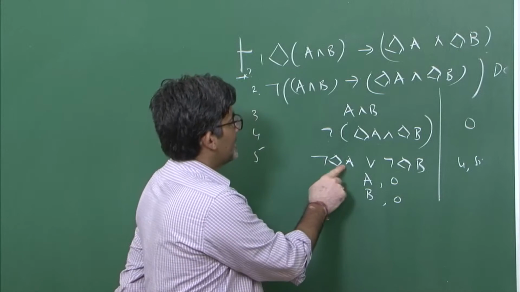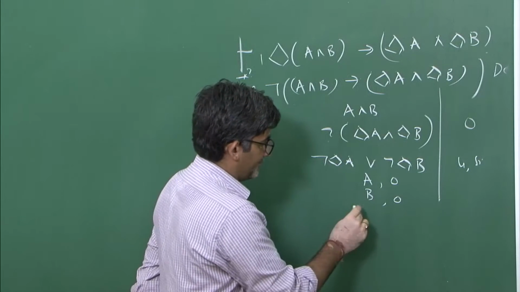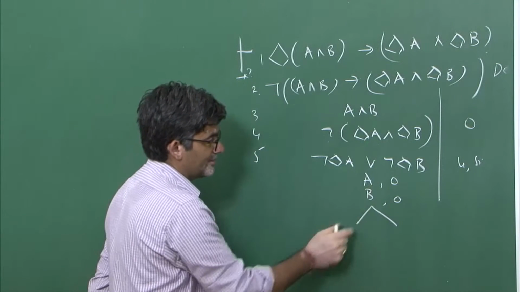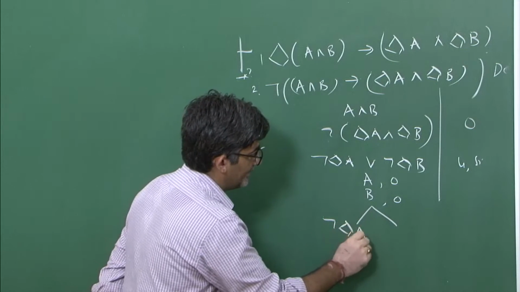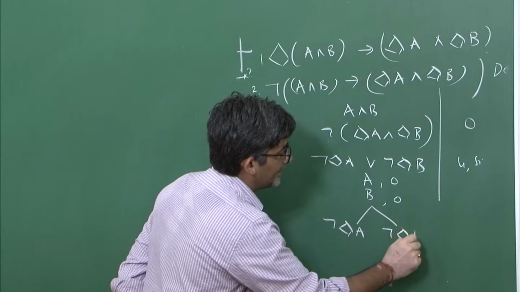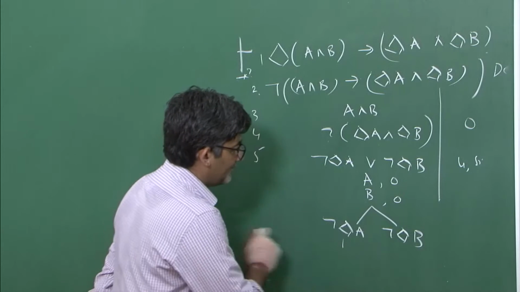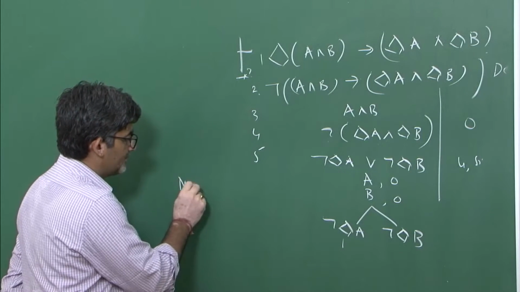Now the negation of this one should be like this. It is a branch, so that is why we write it like this: negation of possibility of B. Here we have the modal negation rule which we need to use.